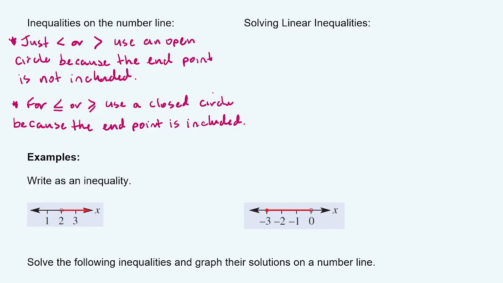Now, there are a couple of other little bits and pieces to do with representing our inequalities on a number line, but we'll get into those in the examples.